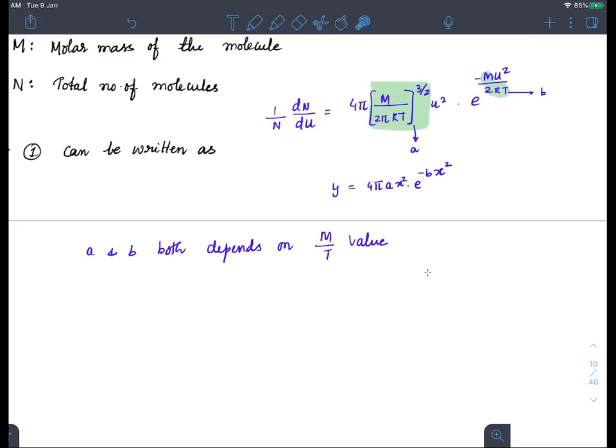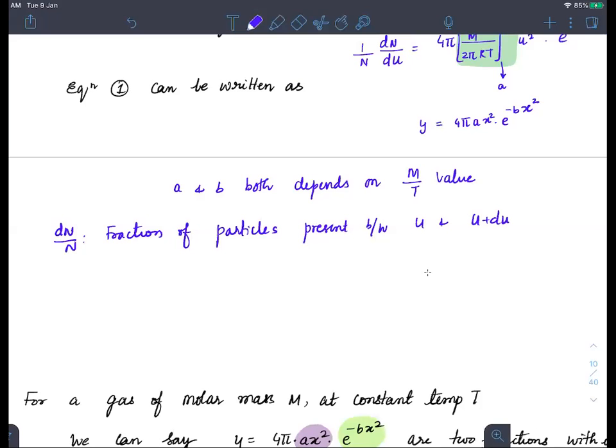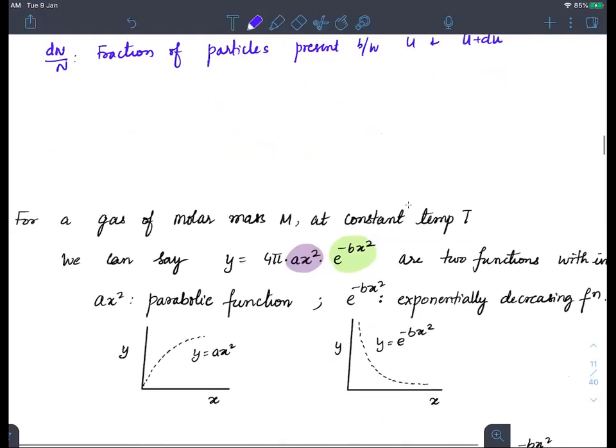So dn by n means the fraction of particles present. Let me write that down: dn by n represents the fraction of particles present between u and u plus du speed.